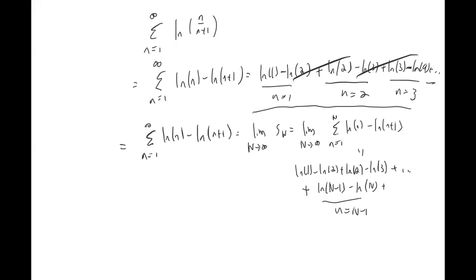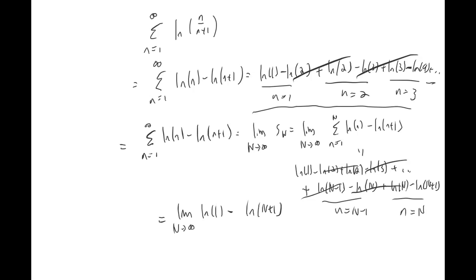So the next term's n. And you see everything cancels except the first and last. So this thing is actually just ln of 1 minus ln of n plus 1. ln of 1 is 0. And again, like you said, when n goes to infinity, ln of n plus 1 goes to infinity. So this actually goes to negative infinity. So this thing diverges.